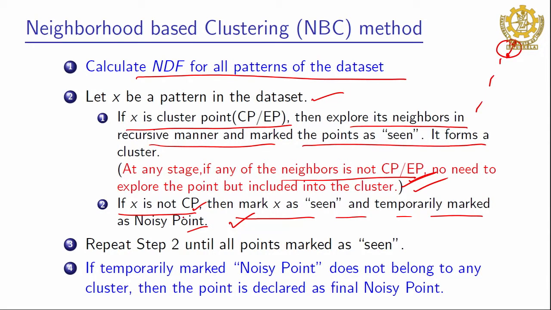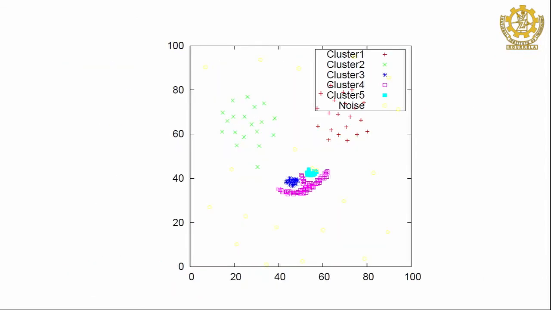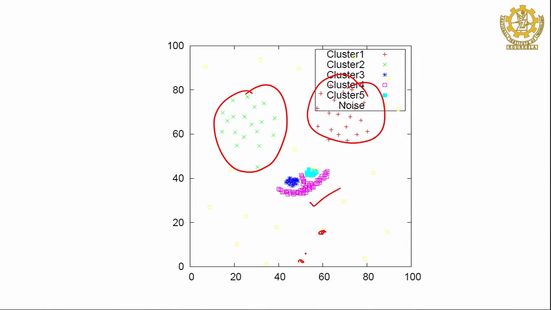That is why you temporarily mark it as a noisy point and repeat this whole process. Now, if we apply NBC, this will be the result: this will form one cluster, this another, and there will be three clusters, and these points are the noisy points.